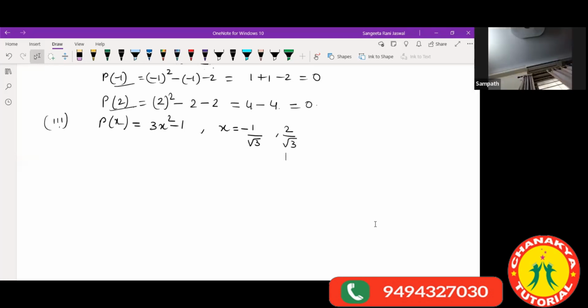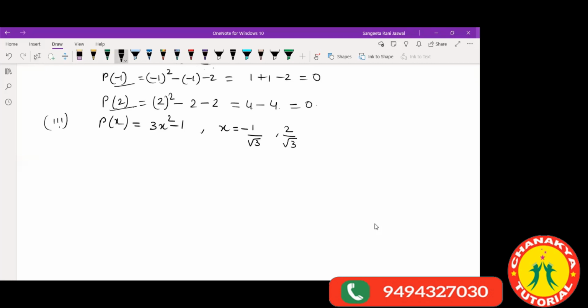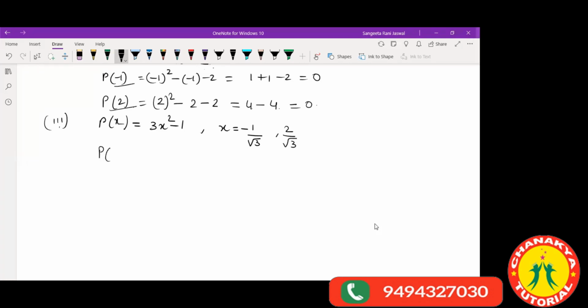Ma'am, for the second one, it doesn't satisfy. Ma'am, the second one I'm getting is 1. Second one is not coming 0. Okay, let's try. It happens, never mind. It can be that one is a zero and the other one is not a zero.